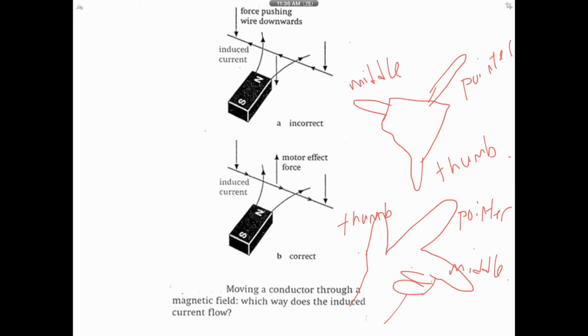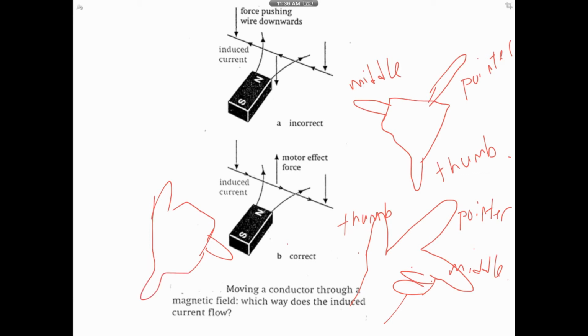So what do I mean by direction of motion of conductor? I'm trying to draw. Only thing is, when I show out my right hand, I cannot wrap my left hand. Okay, so try to imagine. This is my pointer finger. This is my middle finger. And this is my thumb.